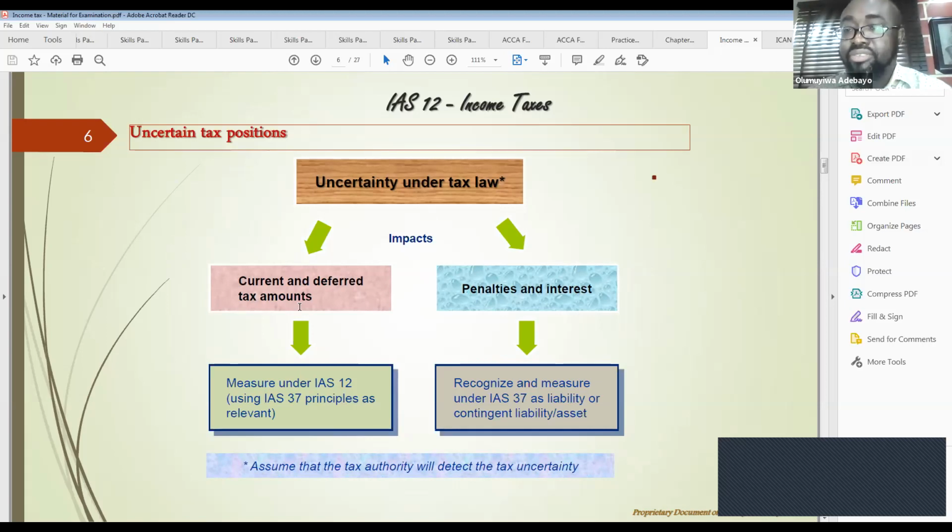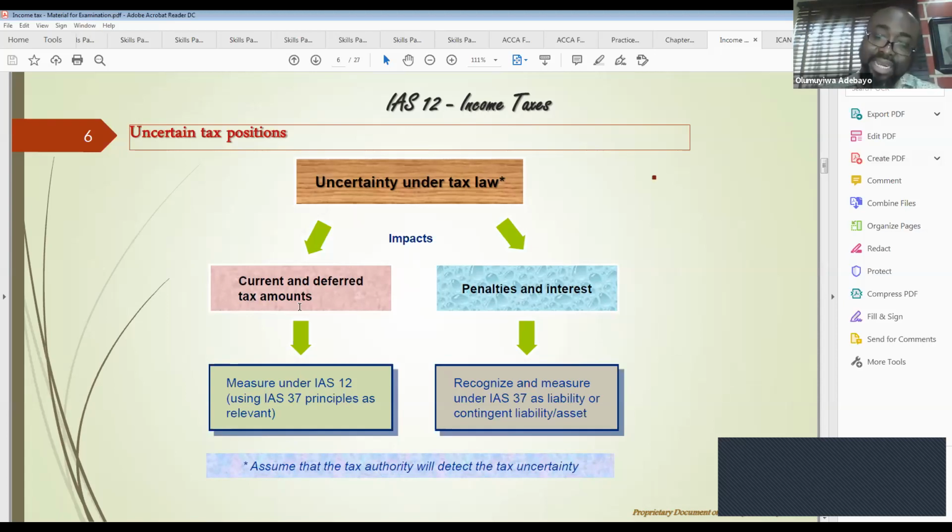And this is what gives rise to over-provisioning and under-provisioning for taxes. And the question then is, when you have tax of last year being under-provided for or over-provided for, what is the treatment required? Now, the treatment required is very simple, which is in tandem with the provision of IAS 8.